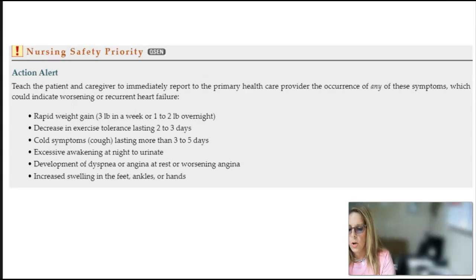And so some of the priority complications that we're trying to prevent, or actual complications that you'll see, are going to be respiratory distress, and this is due to that pulmonary edema or pleural effusions, cardiac dysrhythmias. They might develop a type of shock called cardiogenic shock. You might see skin breakdown because of the edema.